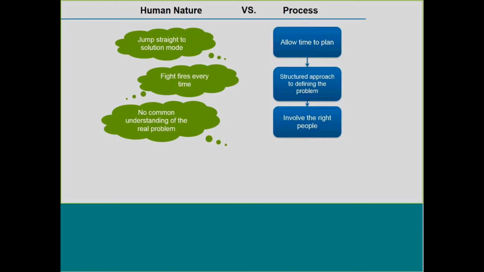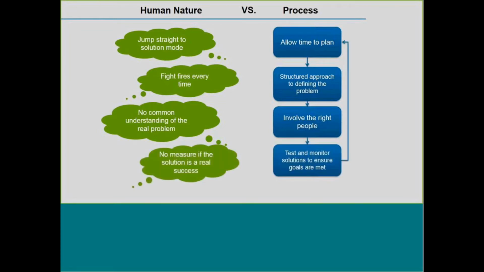And in most cases in business, in order to solve a problem, it takes more than one person. Sometimes we have to reach across business lines or boundaries, reach into other departments, work with people across the organizations that we would have never talked to otherwise. Taking a process allows us to make sure that we get the right people involved. Make sure that everyone has a common understanding of what the problem is, where the root cause of a particular problem is occurring.